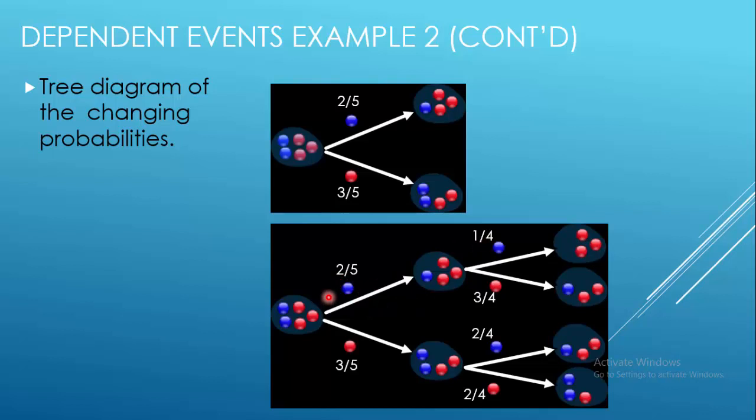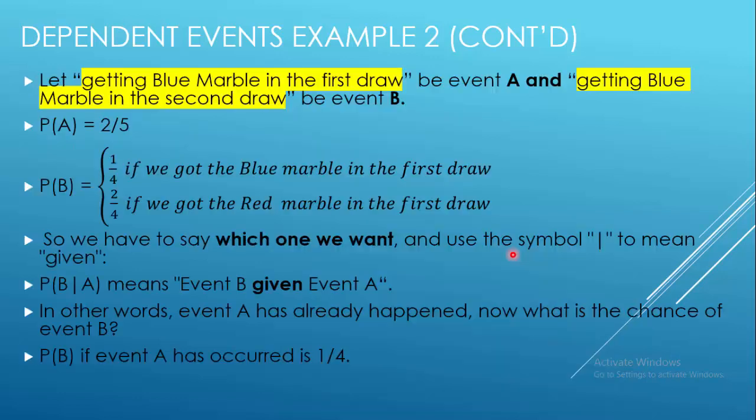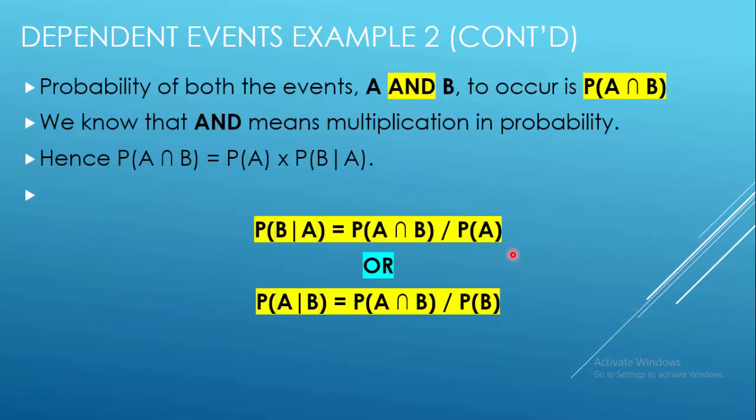So this probability is nothing but the probability of A multiplied by the probability of B given A.